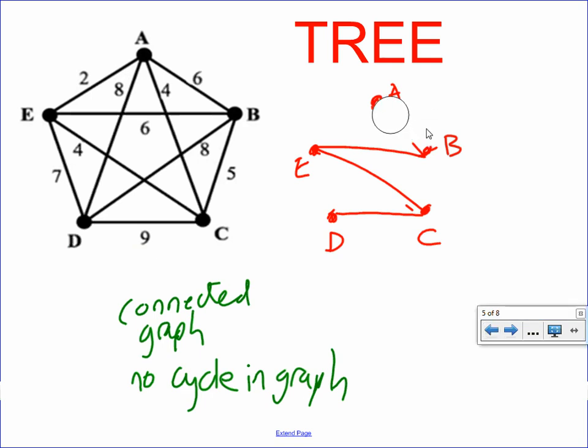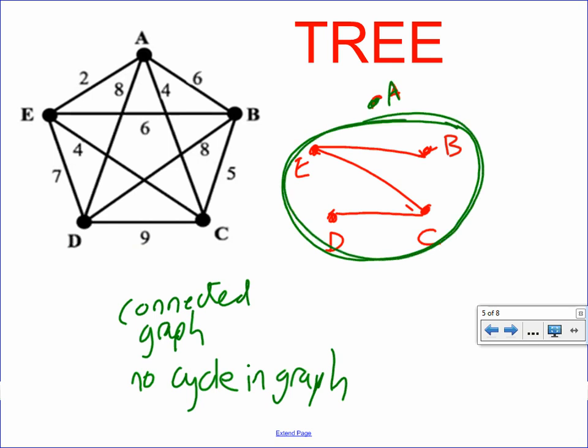Now, if we take out this edge, what we've got here is a tree. This is a connected graph with no cycles. Now, it doesn't include A. So if we put our pen around this, this is a tree, and this tree is a subgraph of the original graph. It's not a spanning tree because it doesn't include A, but it is a tree.